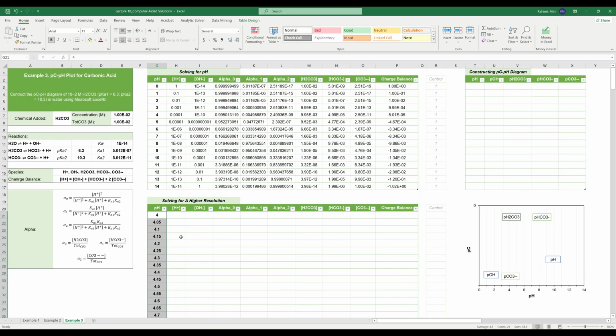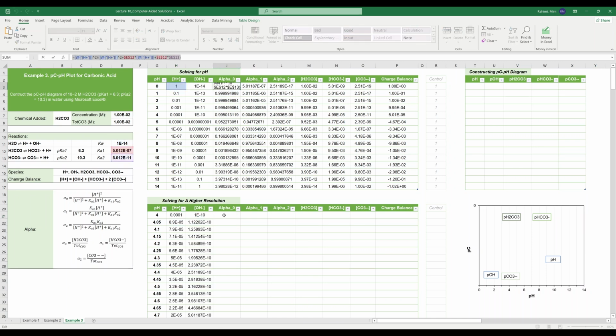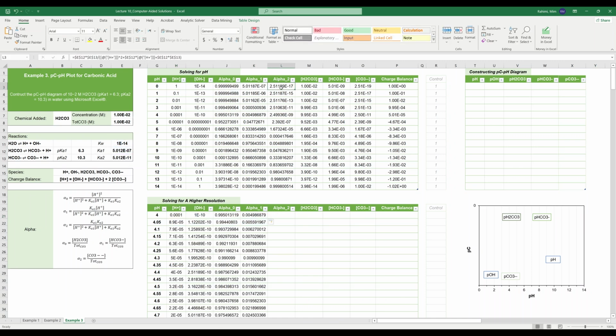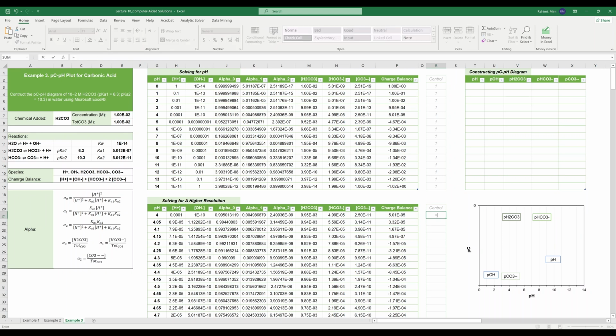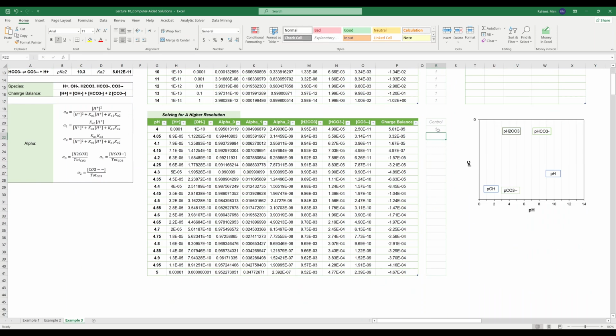And then the same formula, we use it here, just copying and pasting. So now we have a higher resolution.